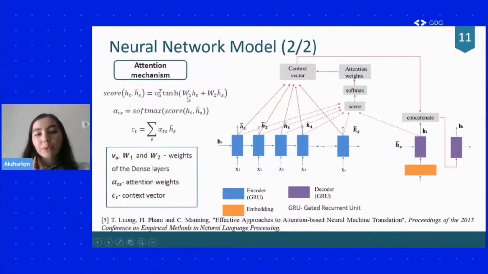The score is computed by using dense layers. So we have a separate dense layer for encoder and for decoder. And then we apply softmax in order to have values from 0 to 1. So our attention weights will be from 0 to 1. And then we can calculate the context vector.